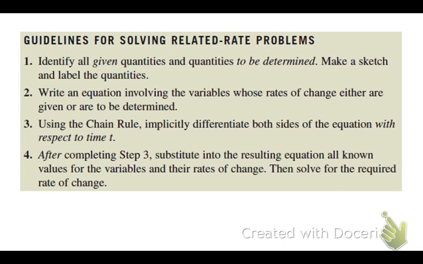So we wrote the equation, the given, the find. We found the derivative of the equation, and then we plugged in. We haven't drawn a picture yet. Some of them you may want to draw a picture. You may want to see it in your brain.